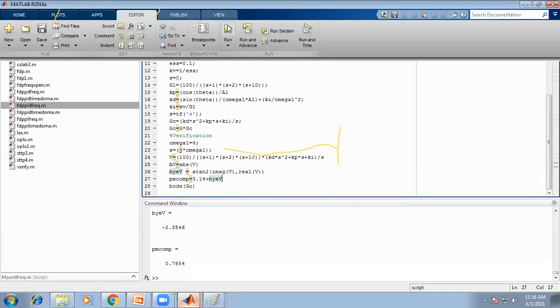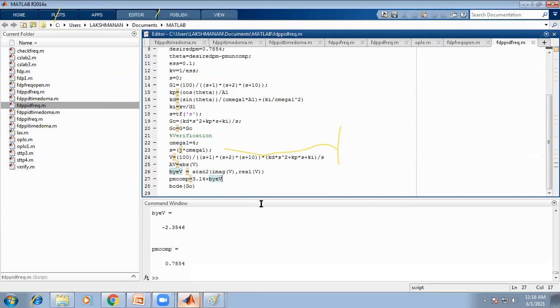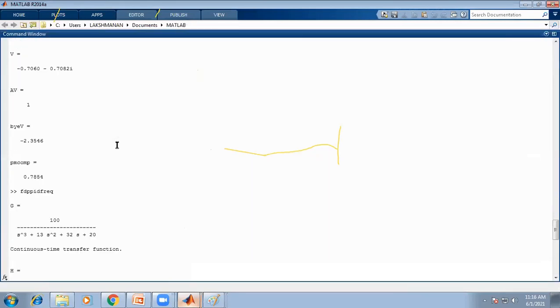So once again, I can run this program. Just look at the values.